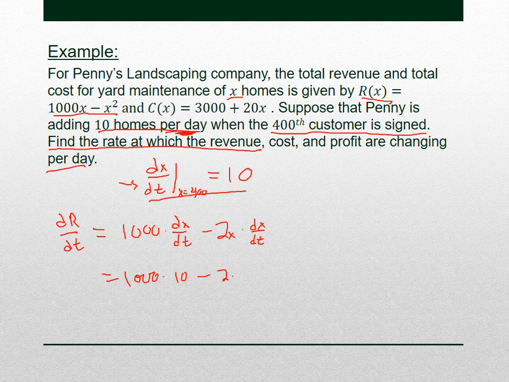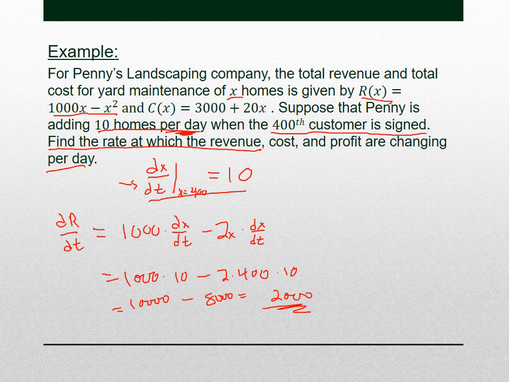All right, so if we want the rate at which that's changing when the 400th customer is signed, what we want to do is plug in x equals 400. And when we plug in x equals 400, we get 1000 times, well, dx/dt when x is 400 is 10. Minus 2 times x is 400 times dx/dt when x is 400 is again 10.